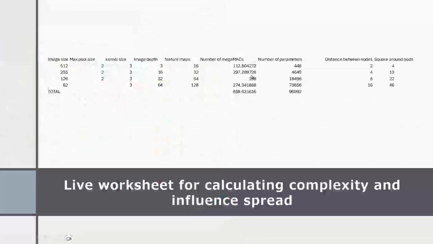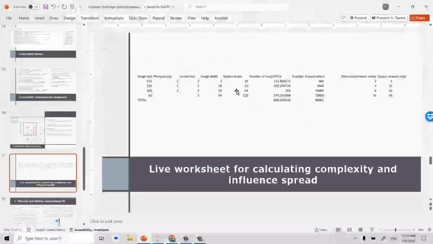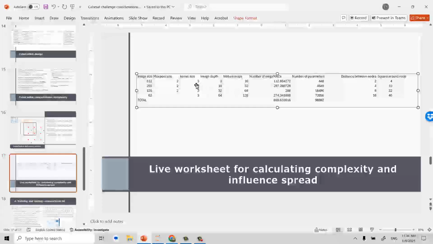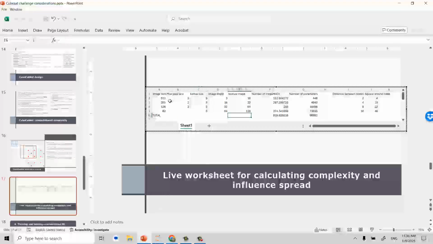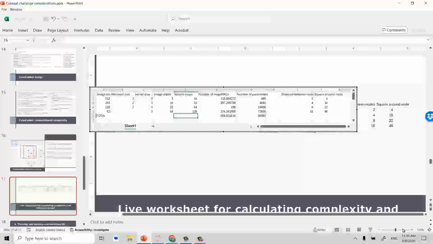Now on the next slide, this is actually a live spreadsheet. If you get the presentation, you can go here and click in the spreadsheet. And you can see the different aspects here. There's image size, max pool size, kernel size, image depth, and number of feature maps.